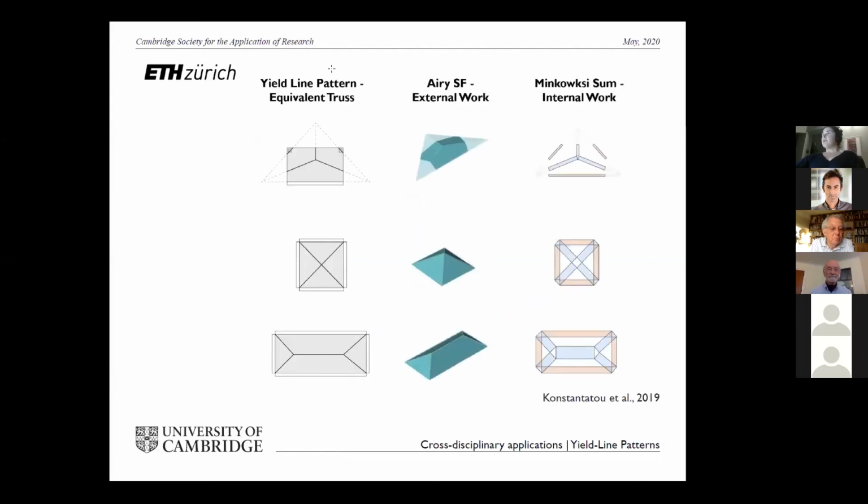Through the well-known truss analogy, if you have a yield line pattern, by lifting it to its polyhedral Airy stress function, you can check whether it's compatible, so whether it's going to collapse or not, but also this Airy stress function is actually a visual representation of the external work. And if you combine the form and force diagrams, you can also have a visual representation of the internal work.